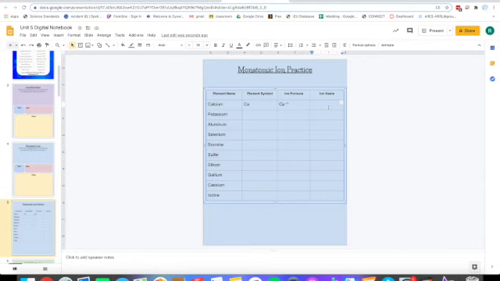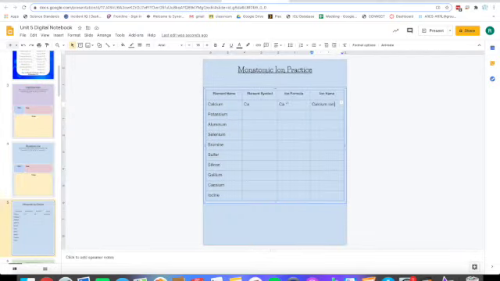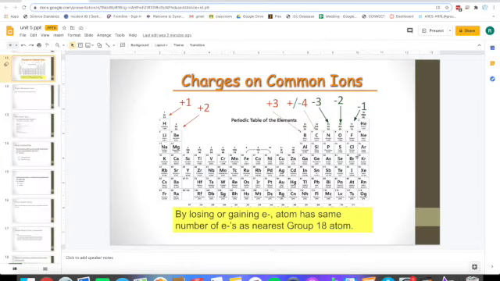Now to name it. Remember, if this is a positive, you just write the element out and add the word ion. So this would be calcium ion. Now let's do another example. Let's do the very last one, iodine. The element symbol for iodine is I. Next, we write the symbol with the charge. So we look at our periodic table.